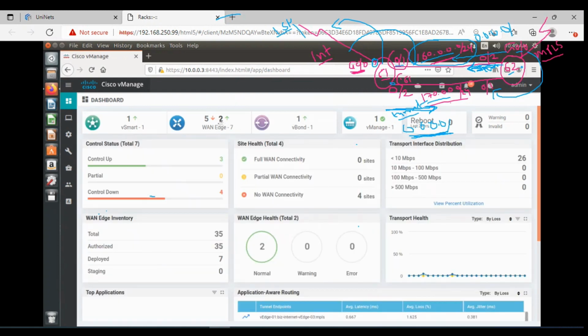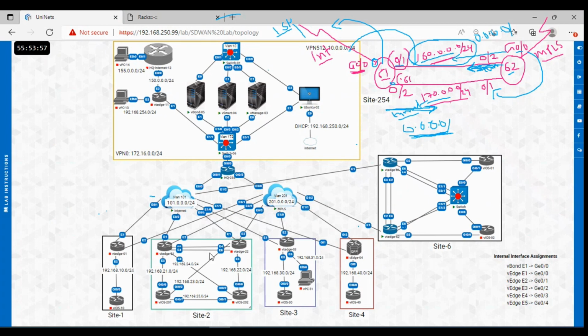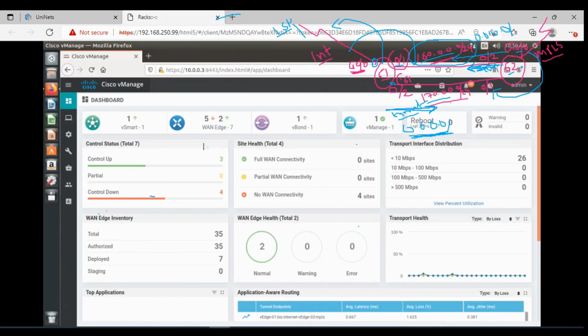We have two routers up, vSmart up, vBond up. Guys, recently I also noticed one thing. Sometimes, not sure of the reason, maybe the browser or the machine creates an issue. I have seen recently that all these routers are shut down and only two routers are up, and still the vManage GUI shows four routers here.